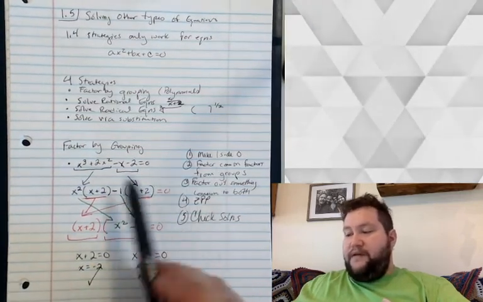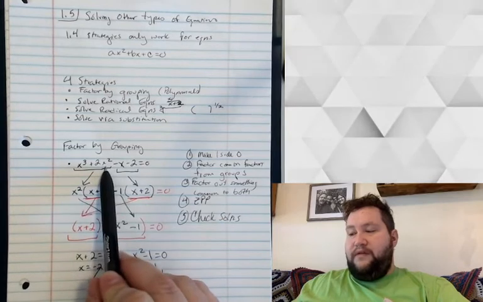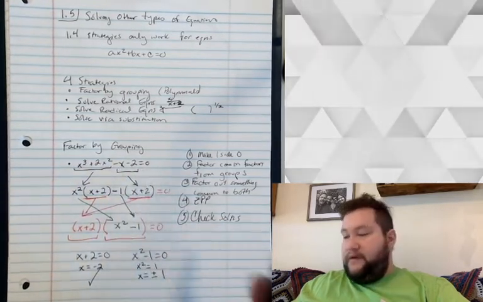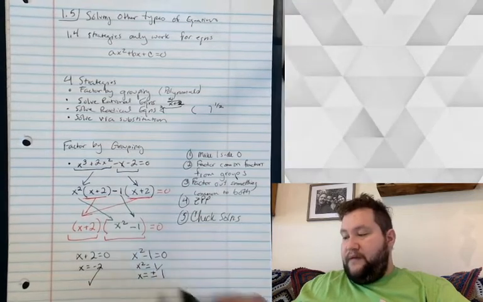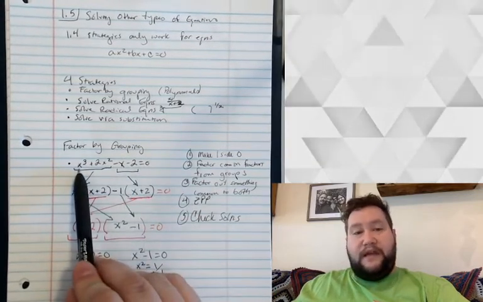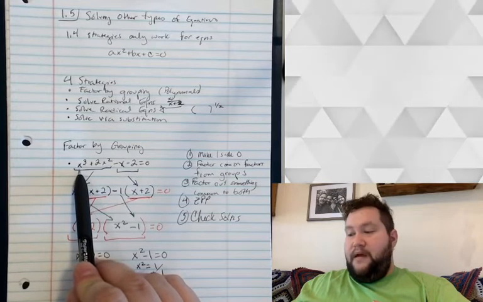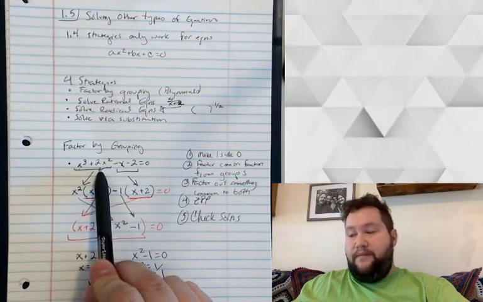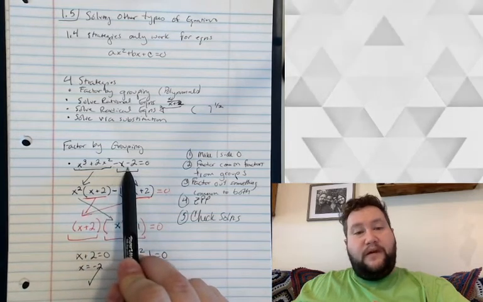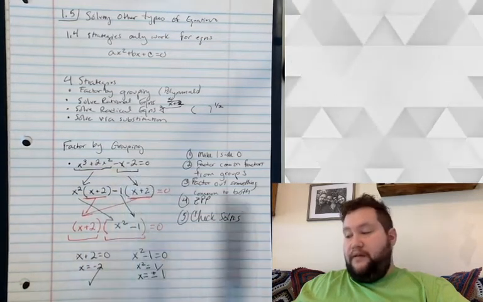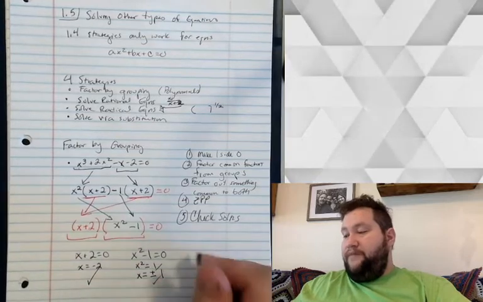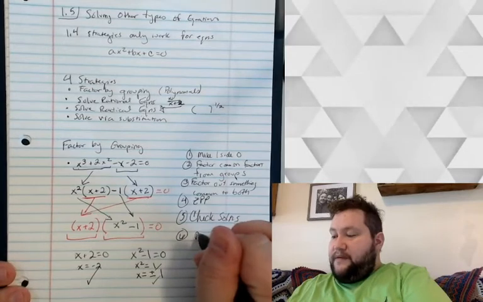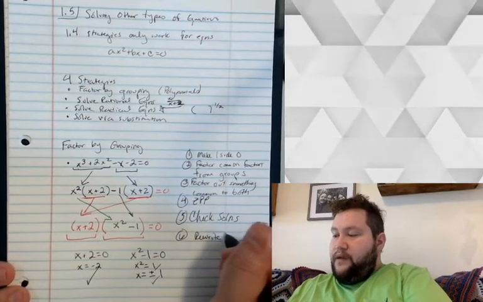If I put in a positive 1, I get 1 plus 2 is 3, minus 1 is 2, minus 2 is 0, and our positive 1 is good. Negative 1, we have negative 1, and then we have plus 2, so we're at positive 1, minus the negative 1, we're at positive 2, minus 2, we're back at 0. So our solutions, and I like to add that step, is to rewrite solutions.